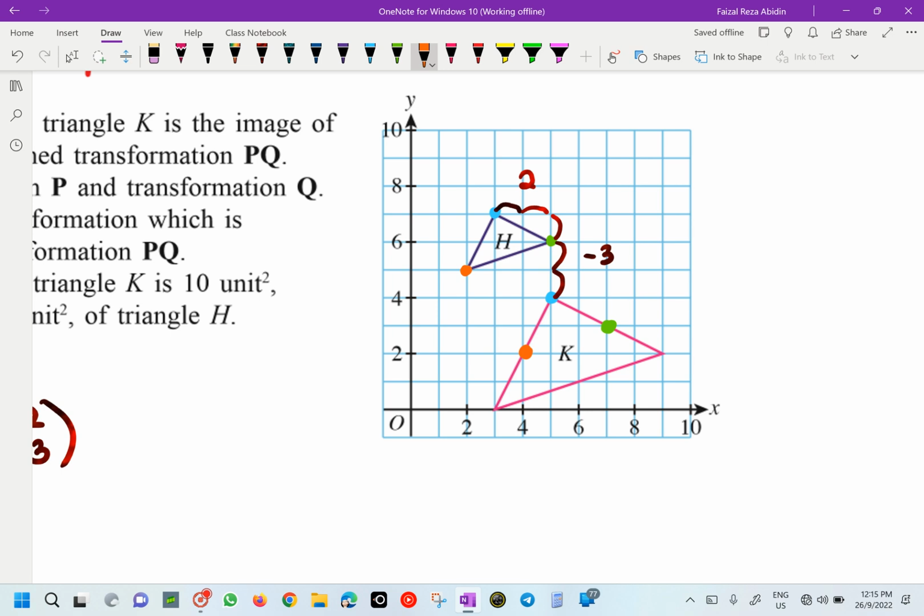How about our scale factor? 2. How do you know 2? Because if you look over here, our image here has 1, 2, 3, 4, and the object here has 1, 2, isn't it?